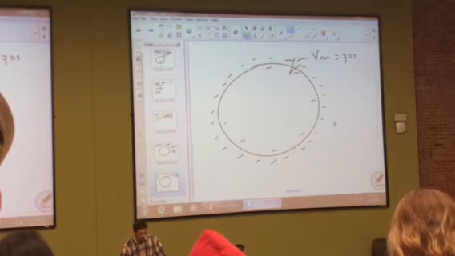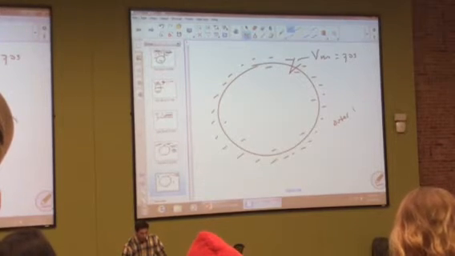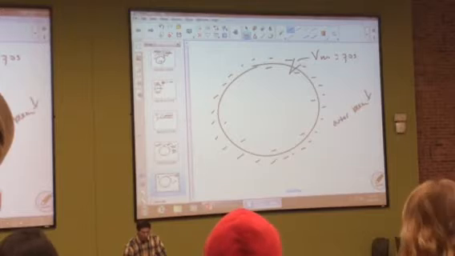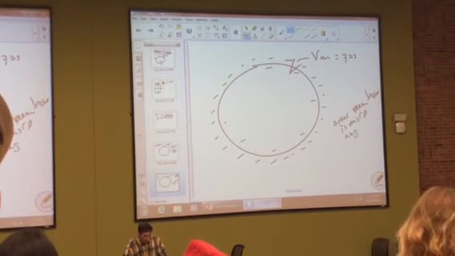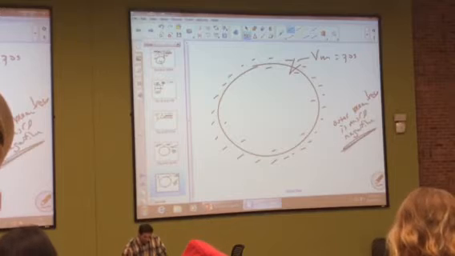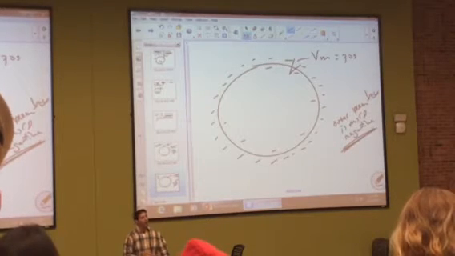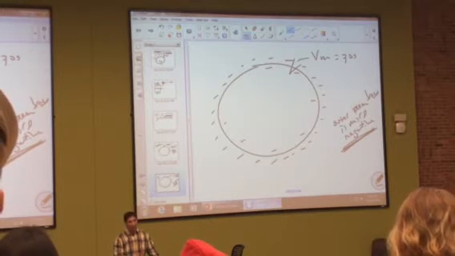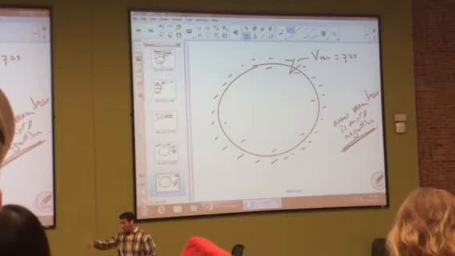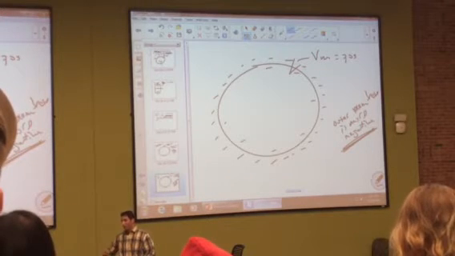The outer membrane is more negative, right? If the outer membrane is more negative, the inner membrane as compared to the outer membrane is what? More positive. Again, membrane potential, we compare what's happening on the inner membrane versus the outer membrane.